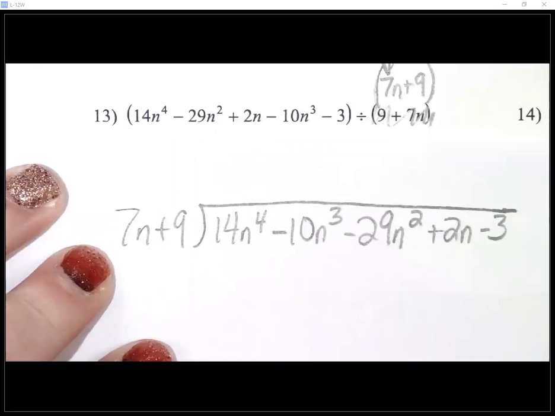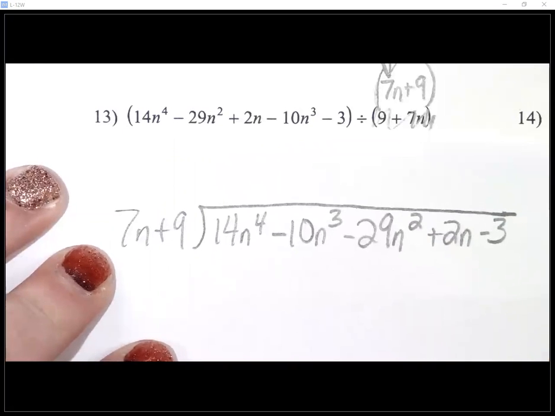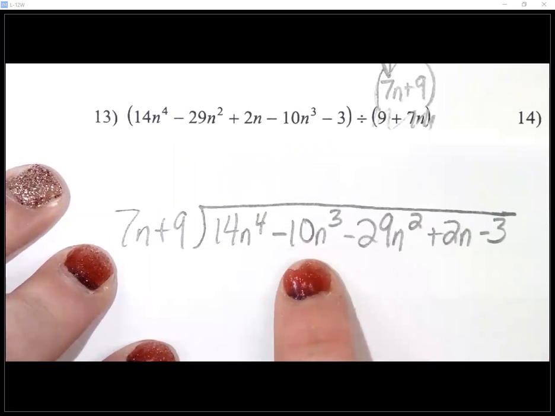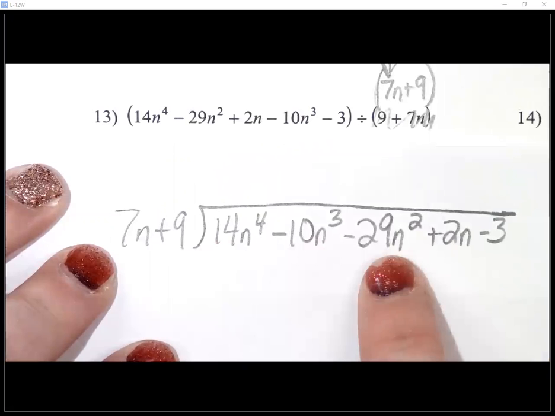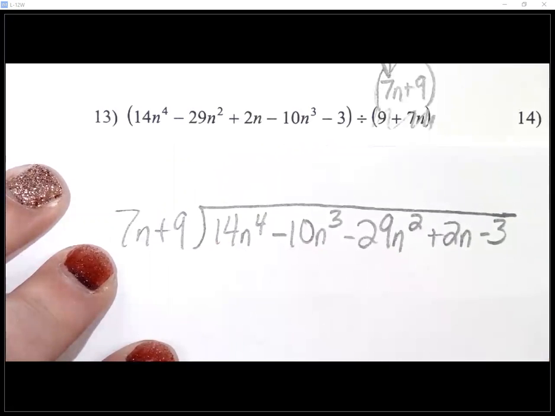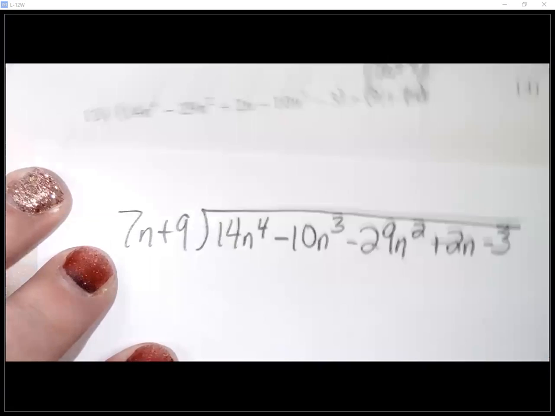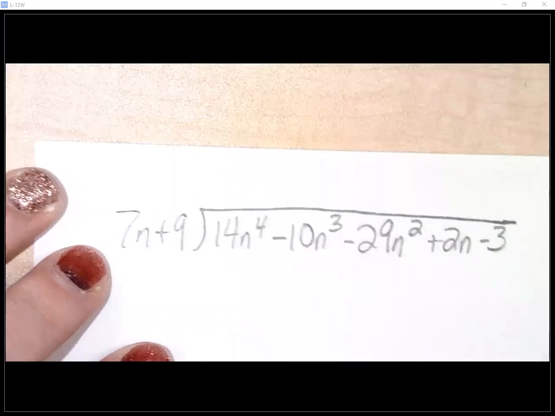I double check before I start because I don't want to have miscopied something or had a negative wrong. Nope, everything looks good. I don't need any zero placeholders, and it's in standard form. We're good to go.